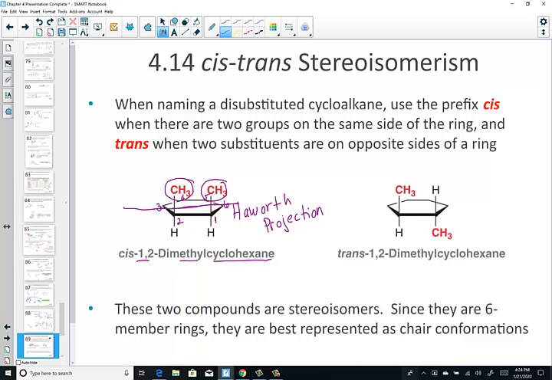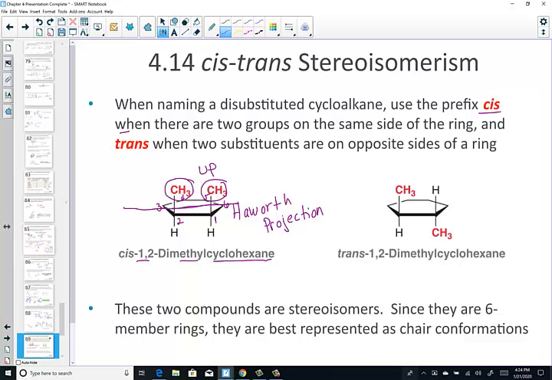They are both pointing up. The hydrogens are both pointing down. When we have those substituents on the same side, the conformation is referred to as cis. And that's the prefix in the name you'll hear. That's called cis-1,2-dimethylcyclohexane.